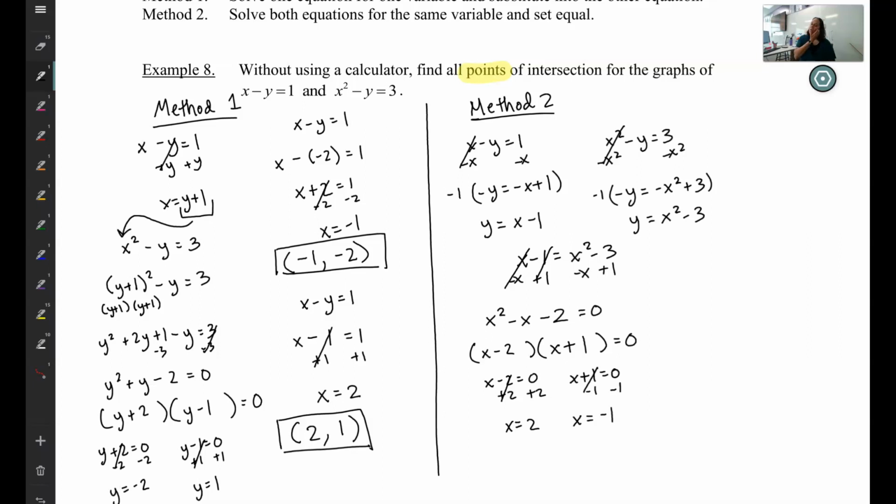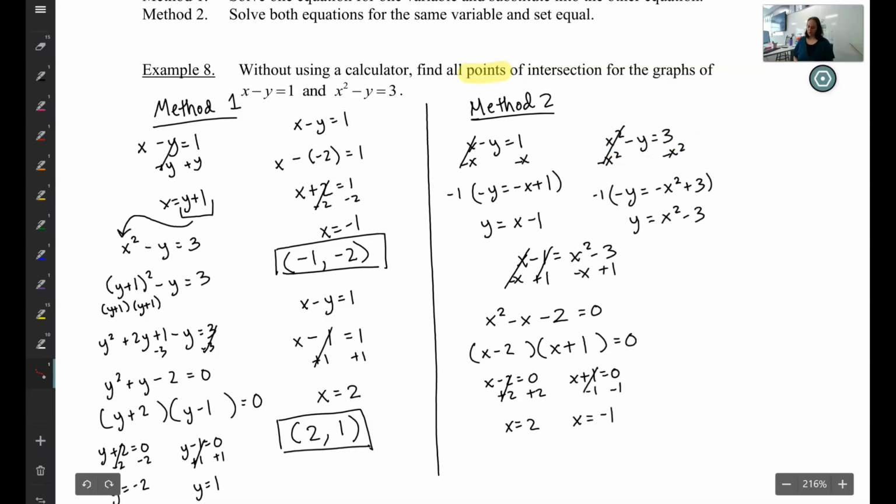Once again, I need the coordinate points, not just the x values. So I'm going to take those x values, plug them back into either equation. I'm going to choose that simpler first one. Also one note, I can choose to plug it into this equation, or this equation, or this equation, or this equation.